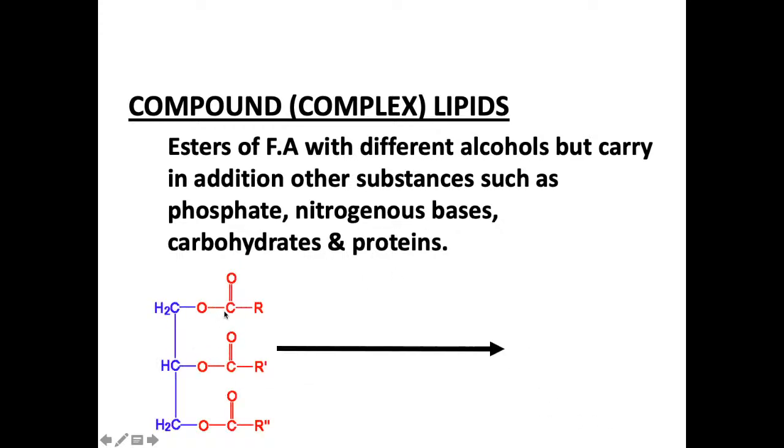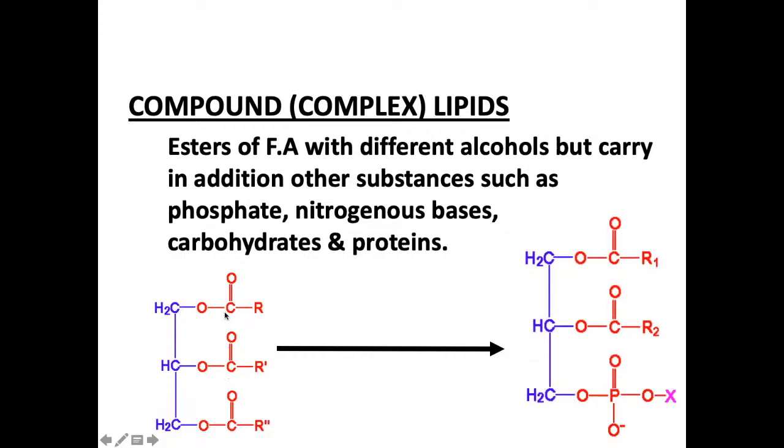Normally, on glycerol, three fatty acid groups are attached via the ester group. Instead, on the third carbon you now have a phosphate group with another group attached to it, making it phosphatidic acid, and so on.